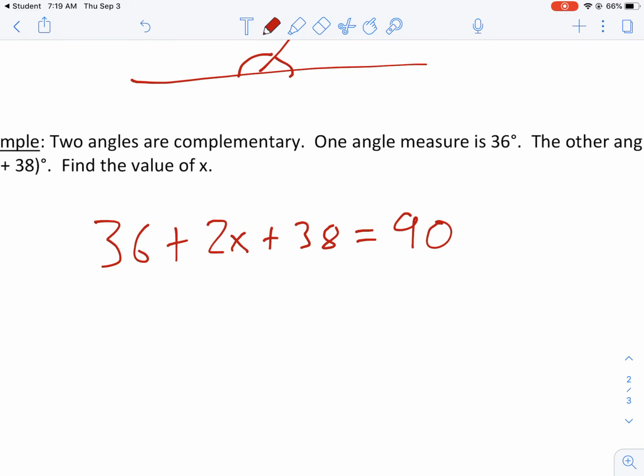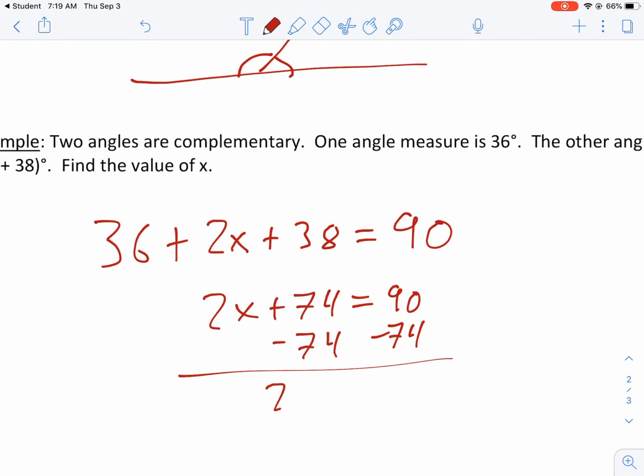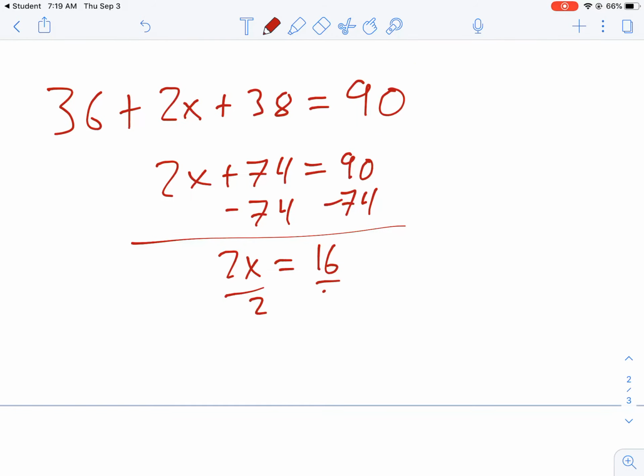So we're going to solve this now. 36 plus 38 is 74. So we're going to subtract 74 on both sides now. We're solving for x. 2x equals 16. Divide by 2. x equals 8.